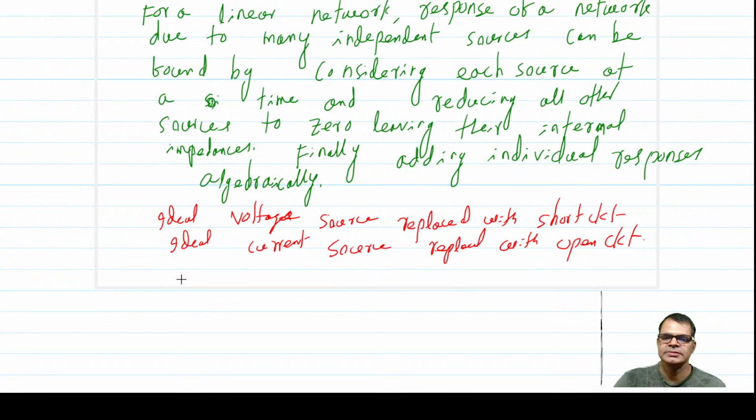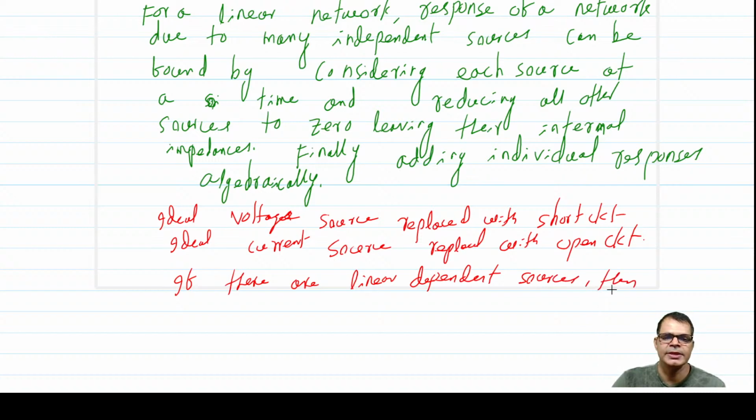If there are linear dependent sources, then you need to keep them active in each experiment.